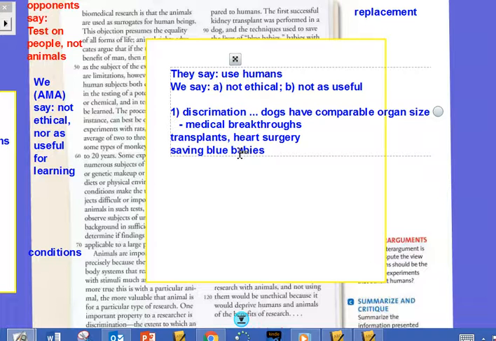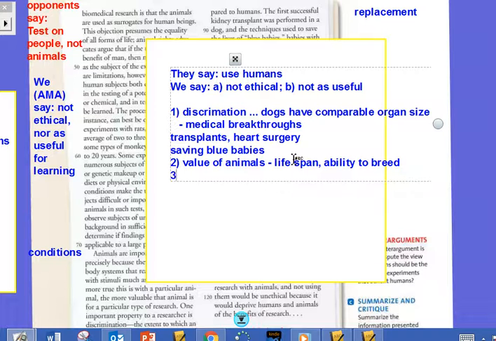And that would not have been possible if it had not been for the fact that dogs had the right sized organs to be able to do this experimentation on. And the second thing is, they said we know a lot about some animals. Some animals are valuable because of lifespan and ability to breed the animal.